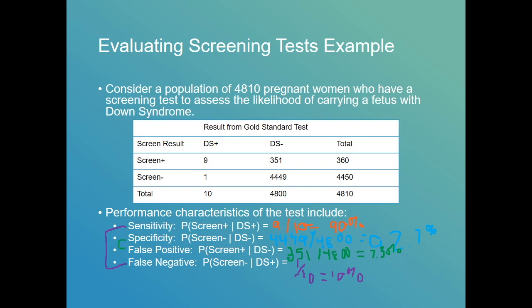So if you need to calculate both, you can calculate one out and then do 1 minus the other, or in this case, since we're using percents, 100 minus the result to get the opposite. So if we have the specificity, we can find the false positive by doing the 100 minus 92.7%. So that's how you do these evaluating screen tests.